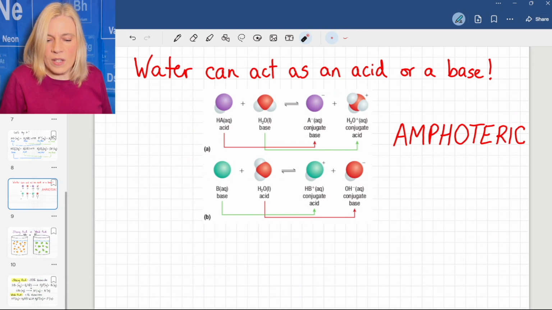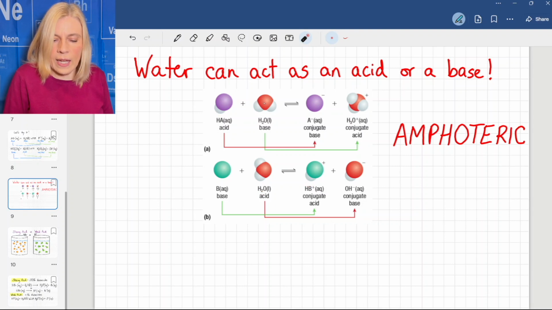So here we go. This is just a summary. Water can act absolutely as an acid right here, where it gives up an H+ to the green ball. Or it can act as a base, where it accepts the H+ from the purple ball. When something can act as an acid or a base, the word for it is amphoteric.